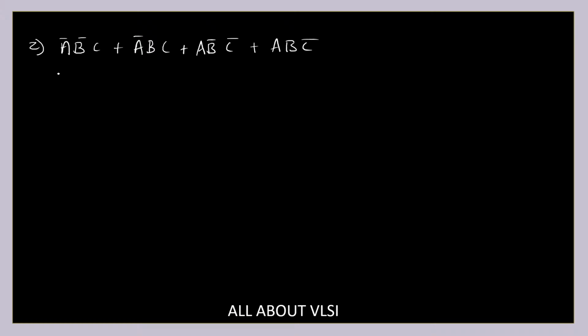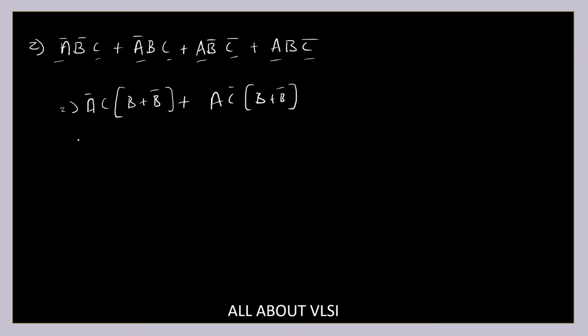Now, can we take anything as common over here? I can take A bar C common, so that it converts to A bar C into B plus B bar, plus, what I can take common over here, A C bar, so that B plus B bar will become 1.